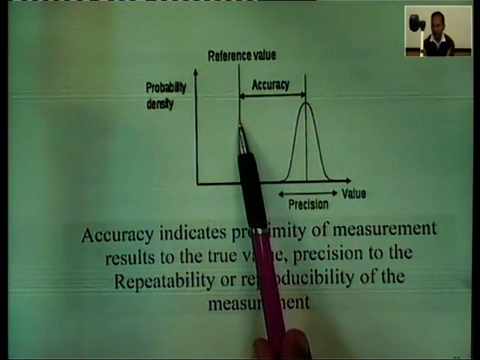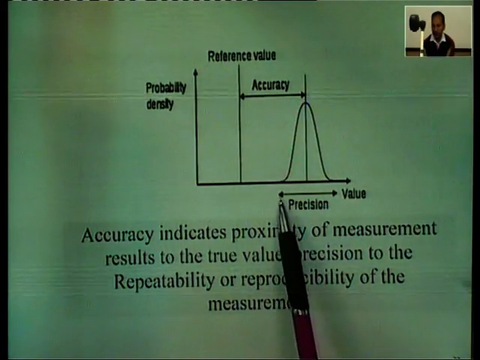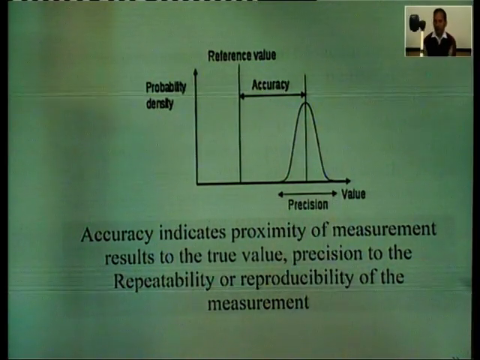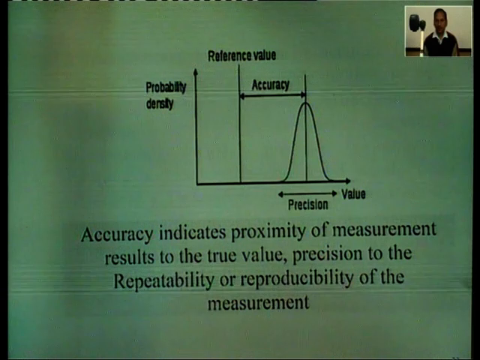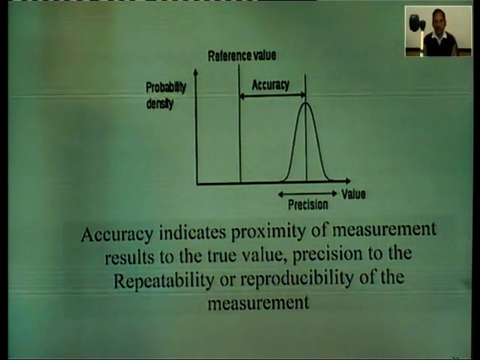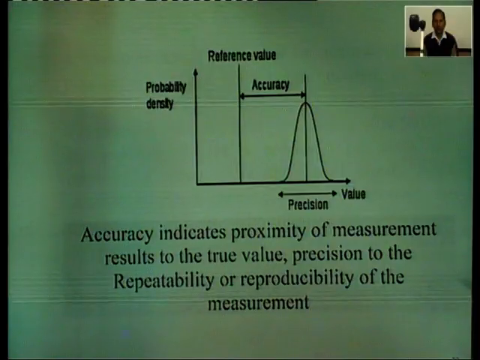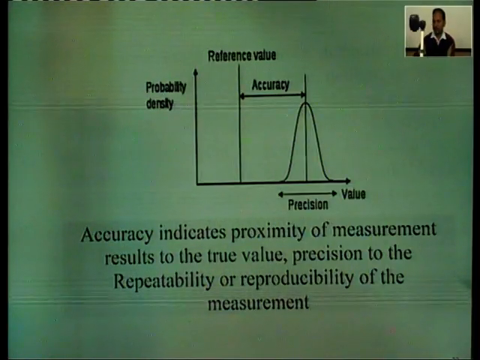This is the reference value and this area shows the precision of this value. So, accuracy indicates proximity of measurement results to the true value, precision the repeatability or reproducibility of the measurements.